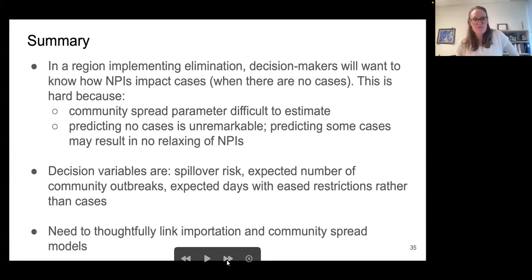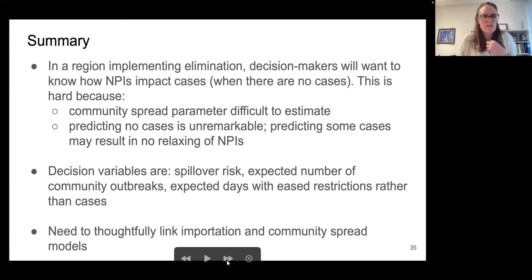And it's a bit of a catch-22, because if there are no community cases and you say that if you do these non-pharmaceutical interventions, you're still going to have no community cases, that seems pretty unremarkable. Or if we say that if you relax some NPIs, then you are going to have some community cases, that seems very dramatic, because you've gone from no community cases to community cases.